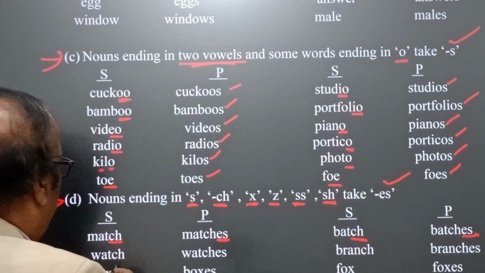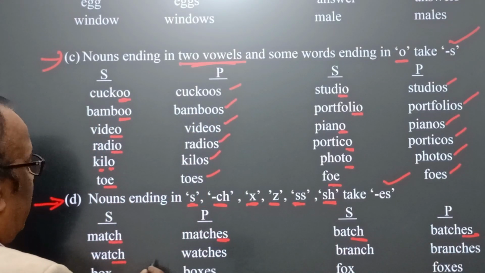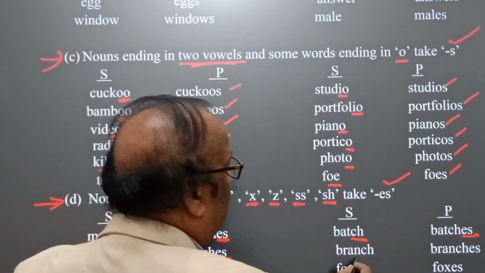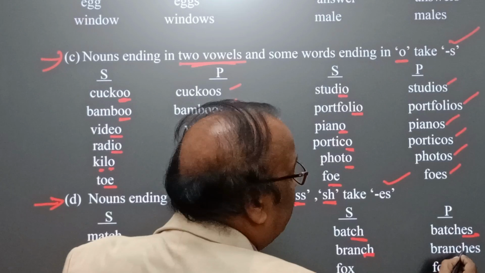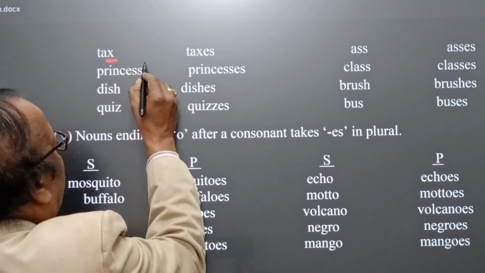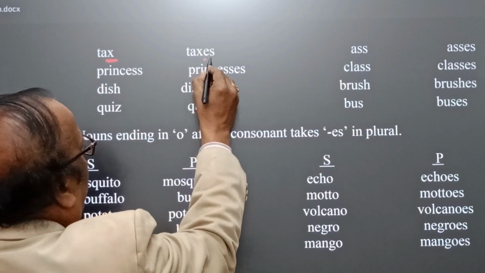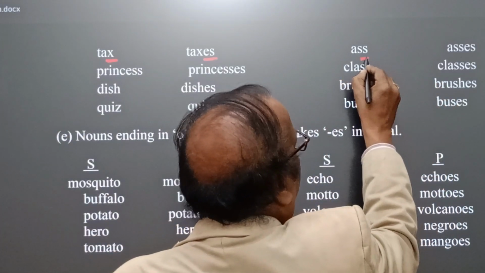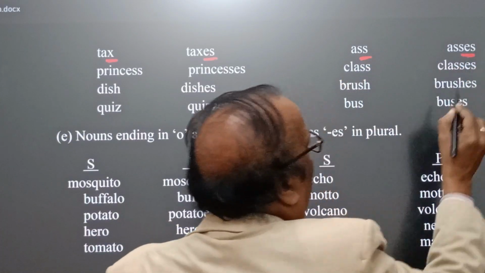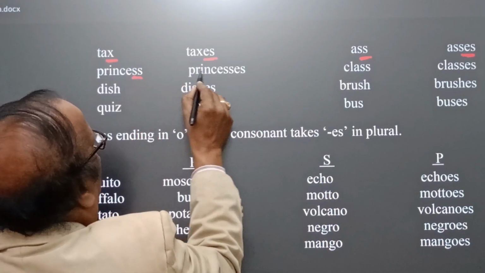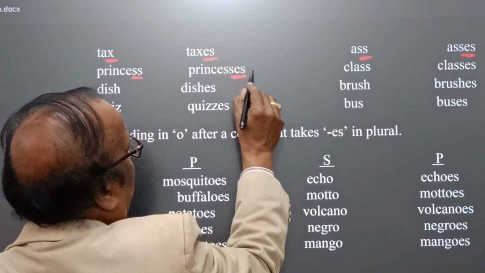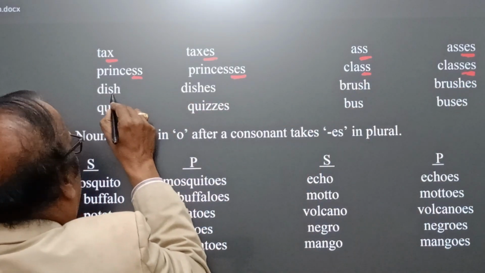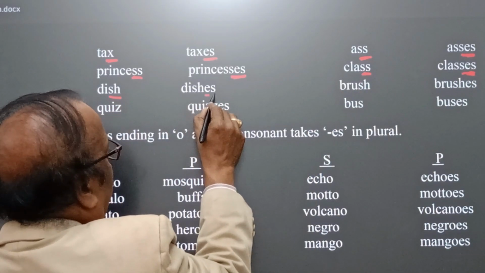Another, watch, then watches, and here branch, then branches. Tax ends in x, and therefore taxes. Bus, buses; princess, princesses; class, classes. Here we find dish and dishes.